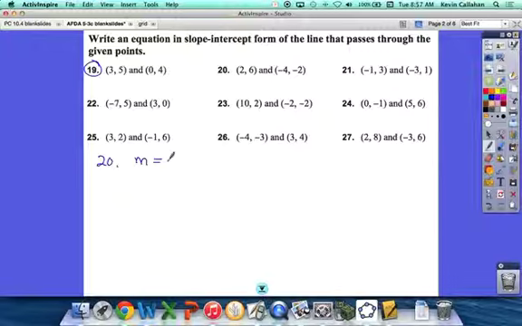Now, you could label these, either one, as x2, y2. Does any one of them look like it makes more sense to use as the x2, y2 and the other one for the x1, y1? Understanding that I'm going to be subtracting here, I'm going to make this into the x2, y2 and this into the x1, y1 because these are negatives.